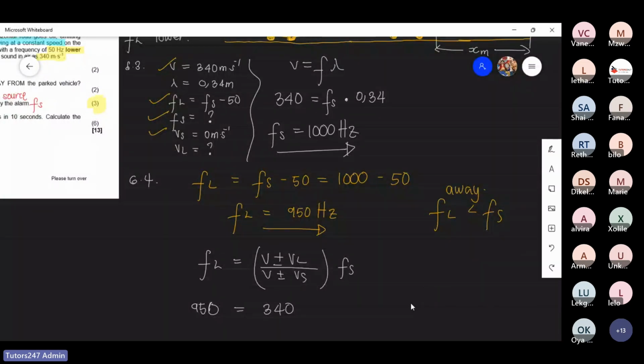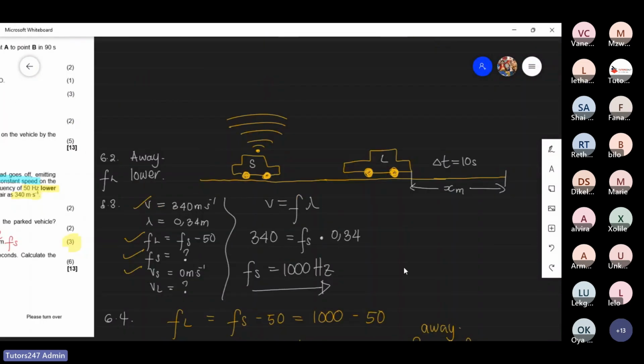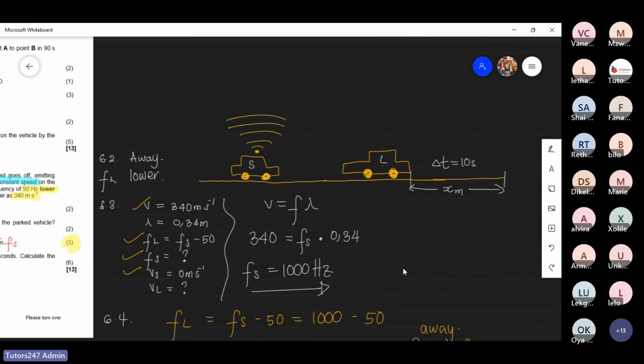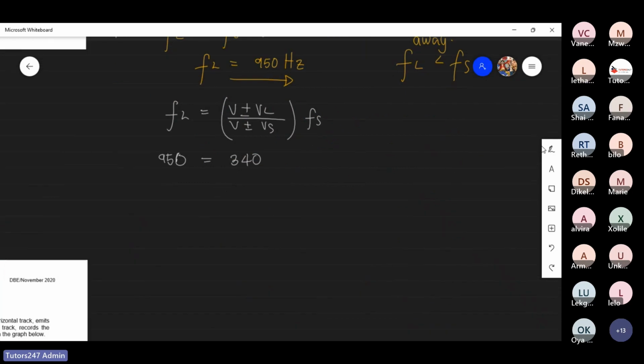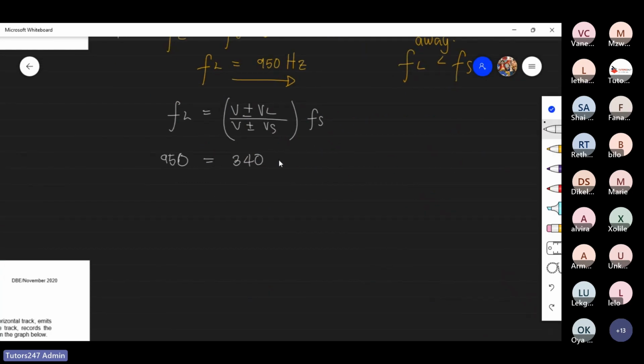We also previously discussed in question 6.2 that this patrol vehicle is moving away. So let us now put a minus on top and a plus at the bottom to indicate that this is moving away.